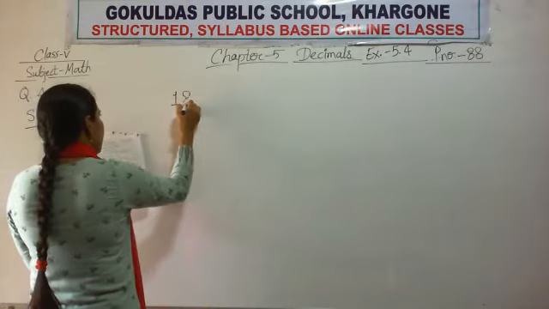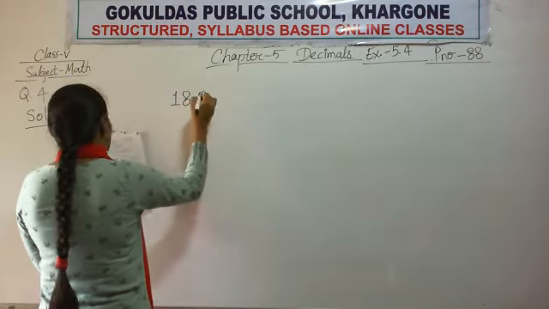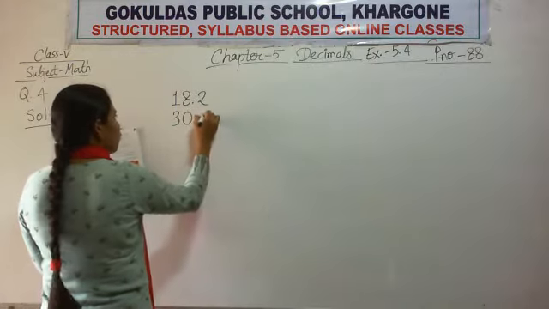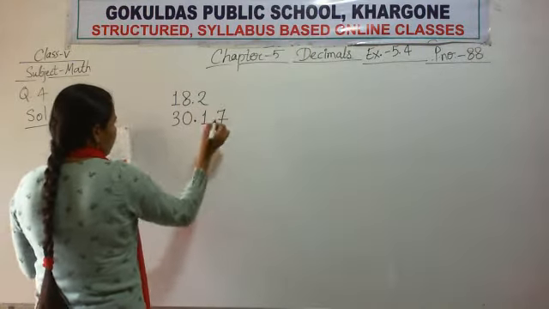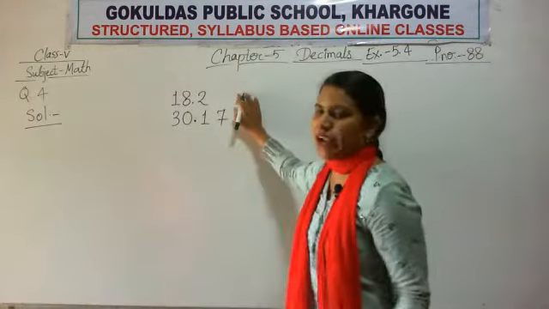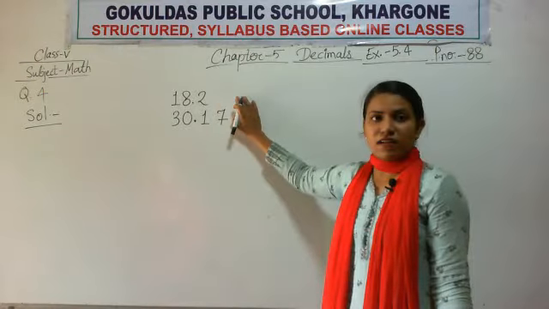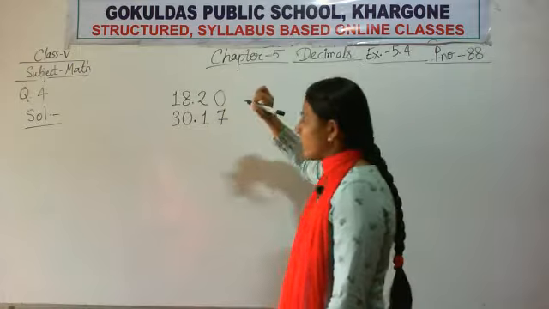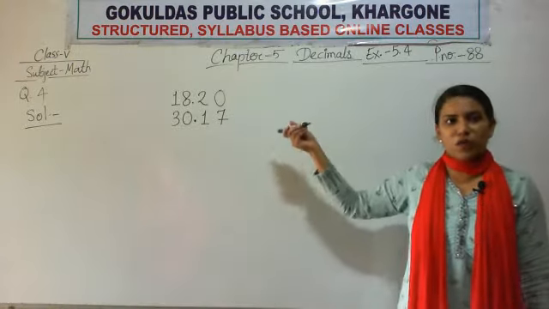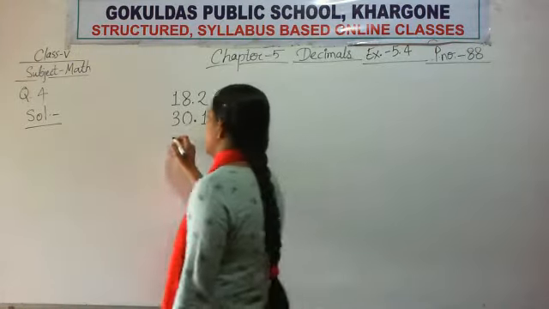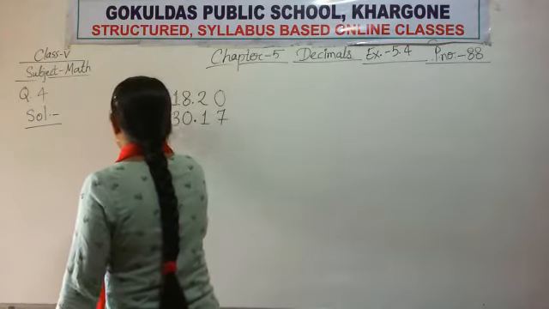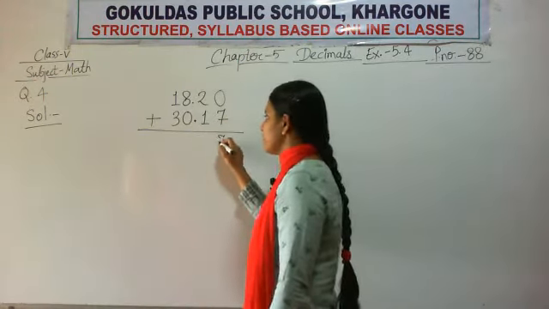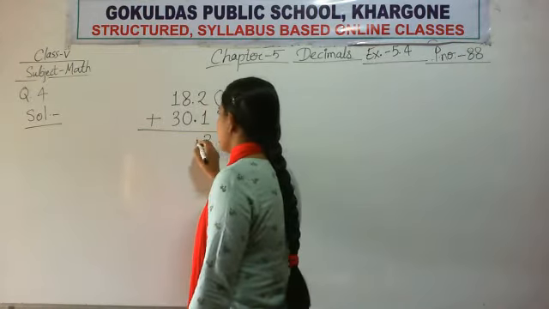So 18.2 and 30.17. We have two decimal numbers, right? But right now they are not like decimals. So to make them like, I am adding 0 in the decimal part. Now they are like decimals. Now to find the sum, we need to add them. 0 plus 7 is 7. 2 plus 1 is 3.